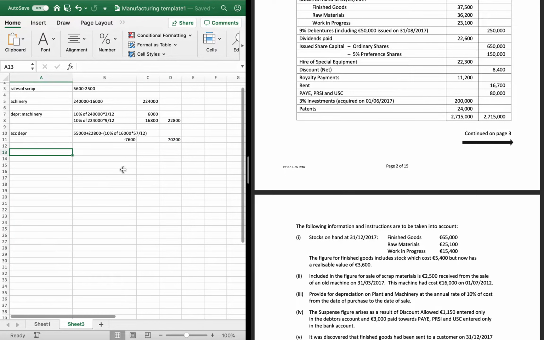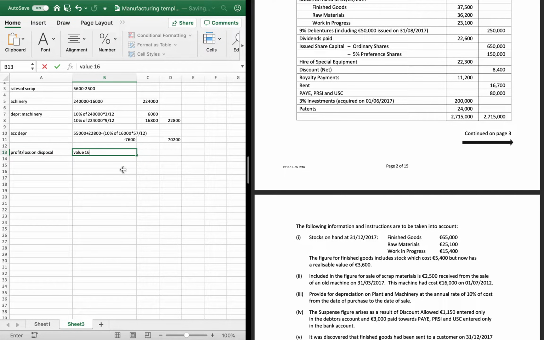Now, anytime you've disposed of an asset, you look at the profit or loss on the sale. To do that, you compare its value. So the value of the asset is 16,000 minus 7,600, which is 8,400.